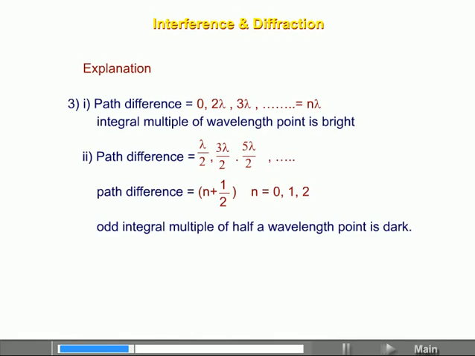Path difference is equal to (n plus half) multiplied by lambda, where n is equal to 0, 1, 2 and so on. Odd integral multiple of half a wavelength, point is dark.